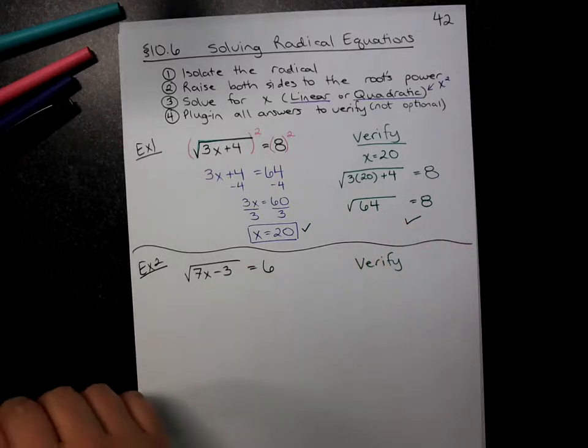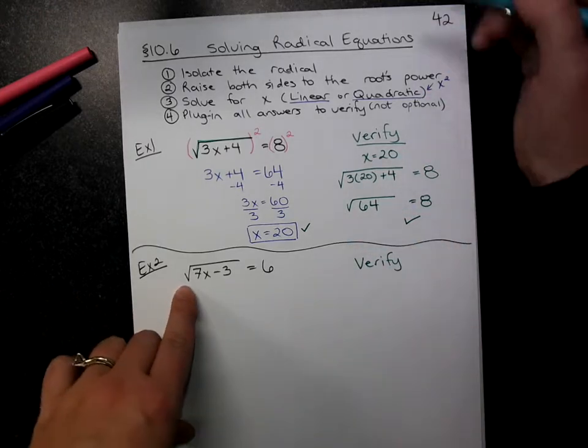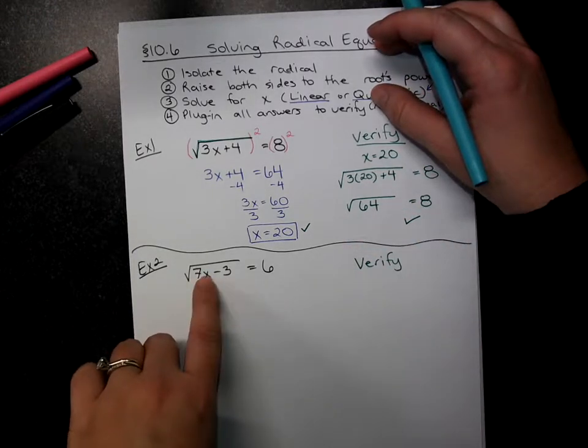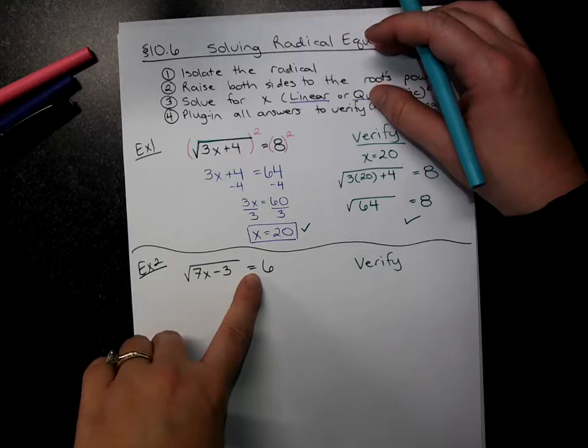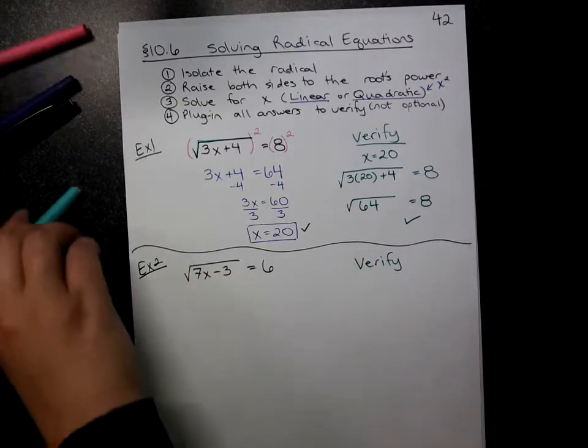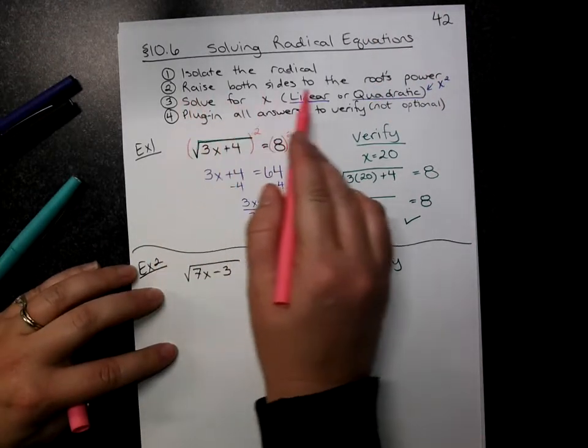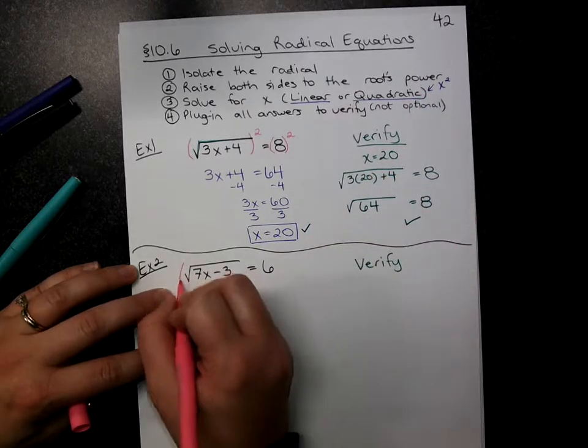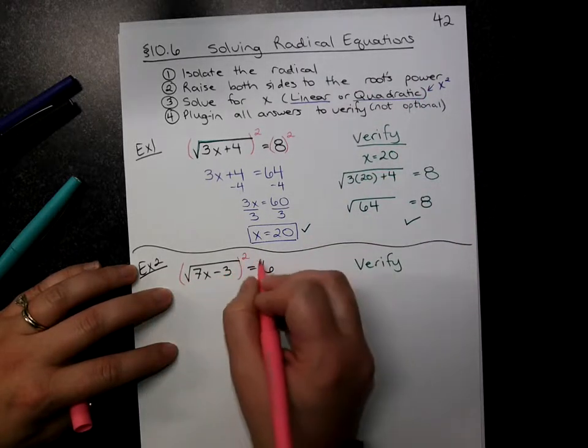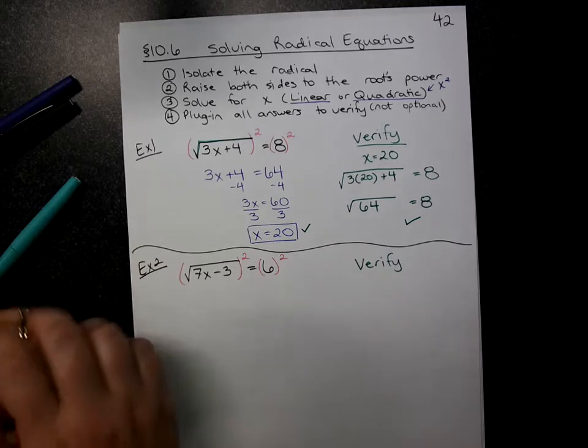Alright, so the first step again is to isolate the radical. Notice that the radical expression is the only thing on that side of the equal sign, which means it is isolated. Then we're going to raise both sides to the root's power. It's a square root, so I'm going to square both sides.